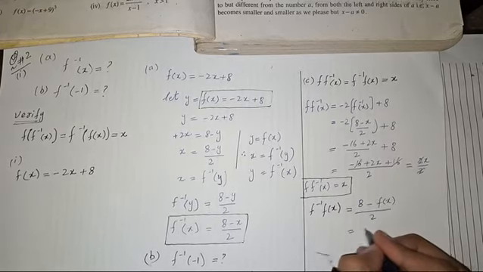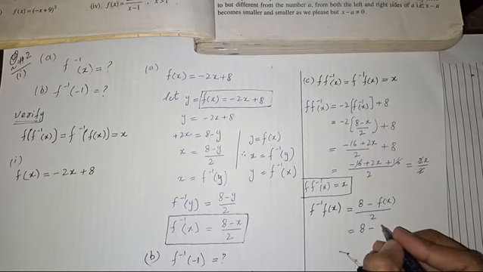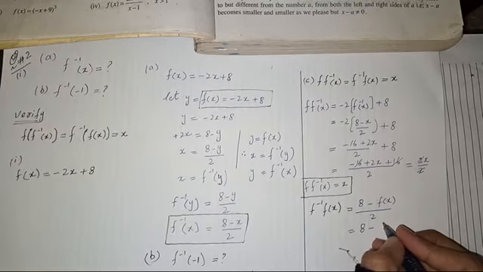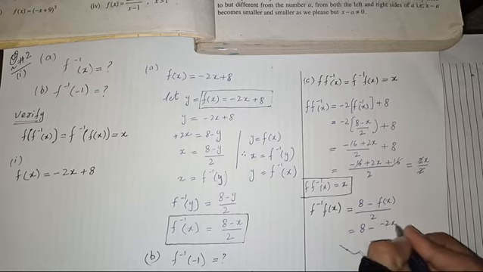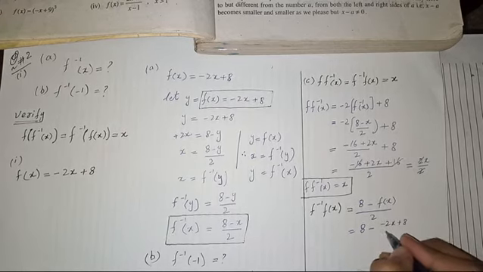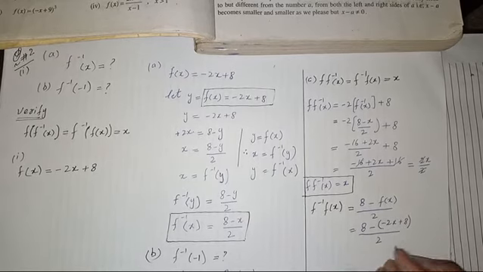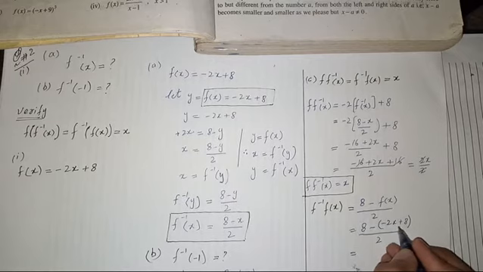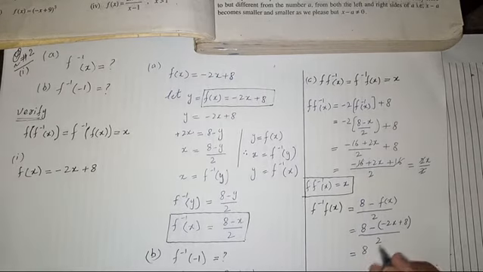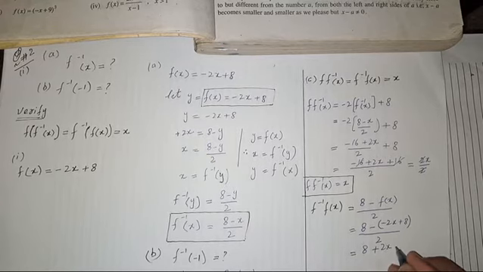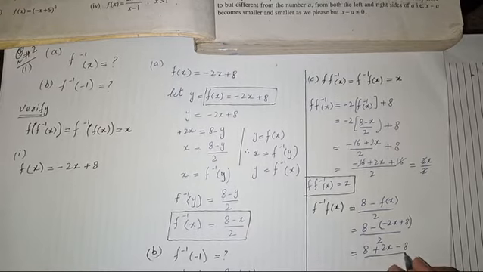Okay, now 8 as it is, 8 minus what is f of x, this one, minus 2x plus 8, and divided by 2 as it is, put a bracket here. When the minus sign multiplies with these bracket terms, it becomes minus minus plus 8 plus 2x minus 8 divided by 2.